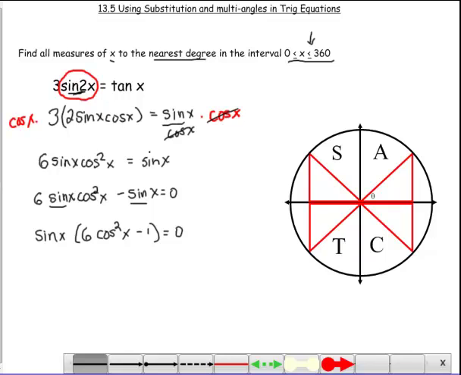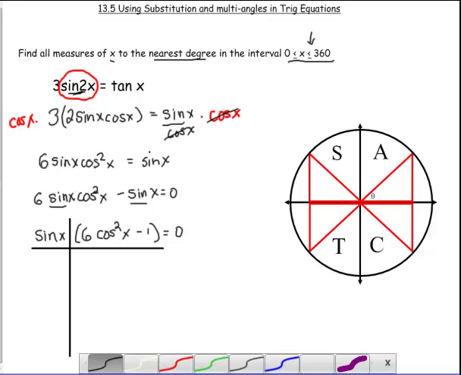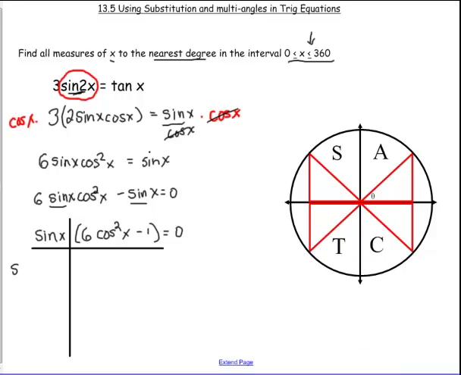Now I have my two factors. Right here, this is asking me to figure out where does my sine wave hit 0. In this one I've got a little more work to do. 6 cosine squared x minus 1 equals 0. 6 cosine squared x equals 1.